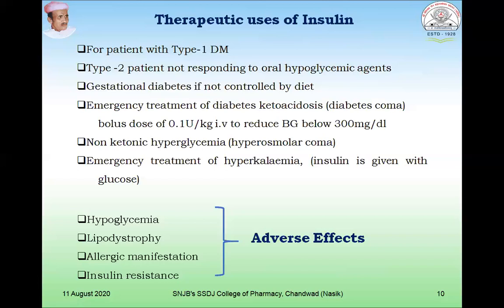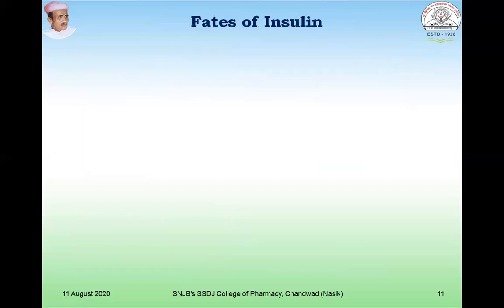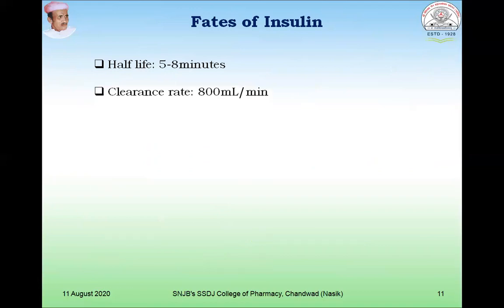So this is all about the important facts of insulin. Then the fate of insulin, or we can say the metabolism of insulin. The half-life of insulin is 5 to 8 minutes. Then the clearance takes place at 800 ml per minute.